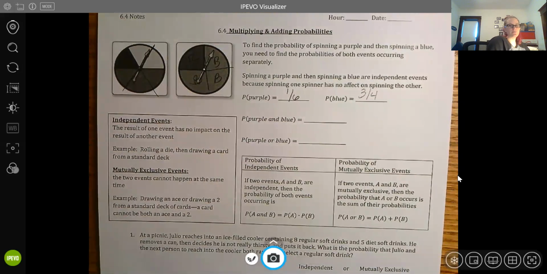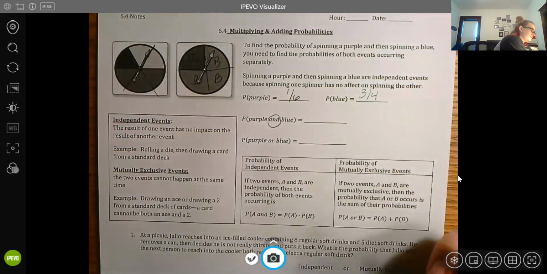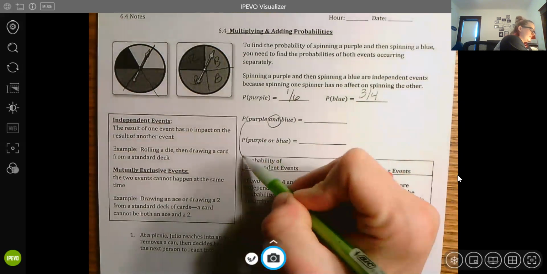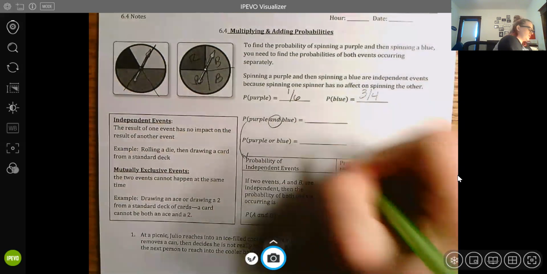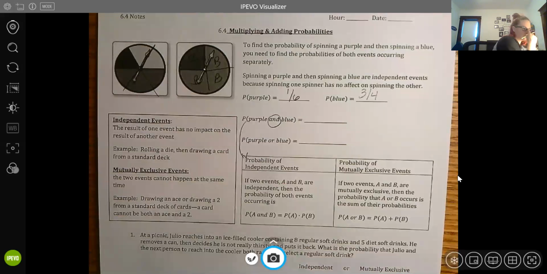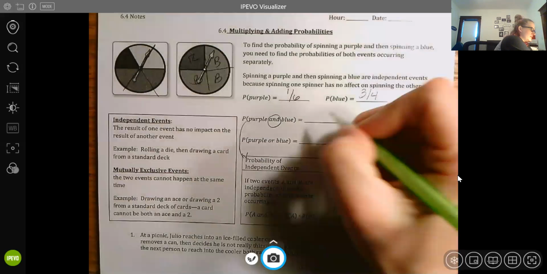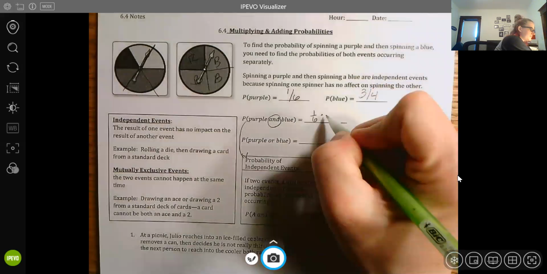Okay, so when we have a purple and a blue, these are independent events. So in 2 independent events, we multiply. This should seem familiar. So I'm going to take 1/6 times 3/4.